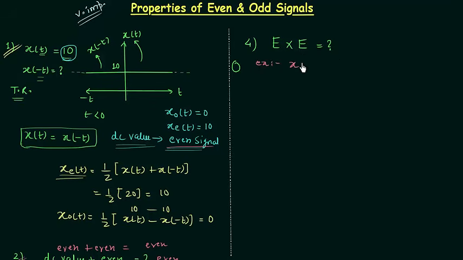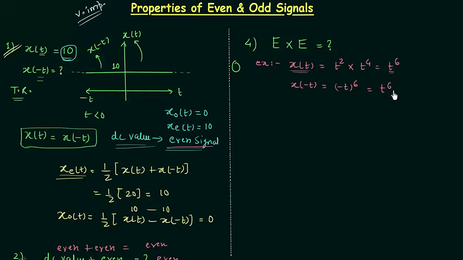In this example, signal x(t) is equal to t raised to power 2 multiplied with t raised to power 4, and this is equal to t raised to power 6. T raised to power 6 is an even signal, because when we perform the time reversal, we will have (-t) raised to power 6, which is equal to t raised to power 6. So x(-t) is equal to x(t).